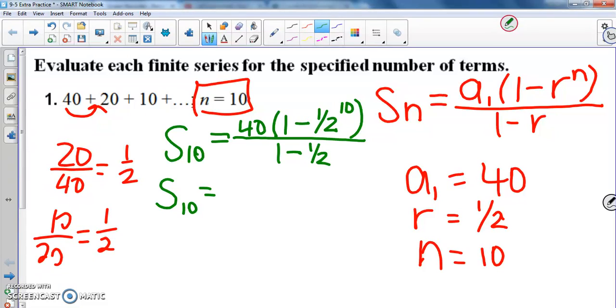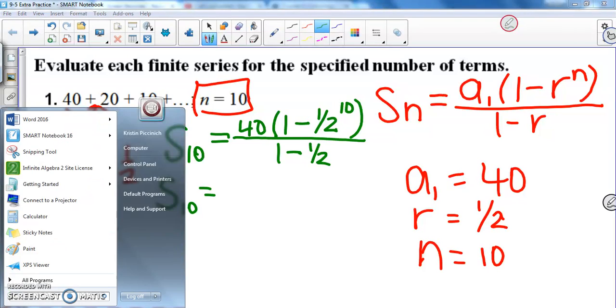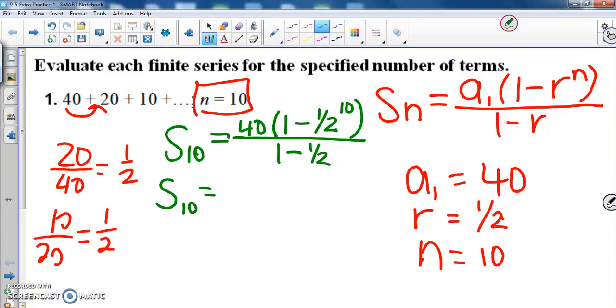We're going to put that in our calculator. Sorry, I thought I had the calculator on the computer, but I don't. But I would be doing 40 parenthesis 1 minus, open a new parenthesis, because I want 0.5 to the 10th power.